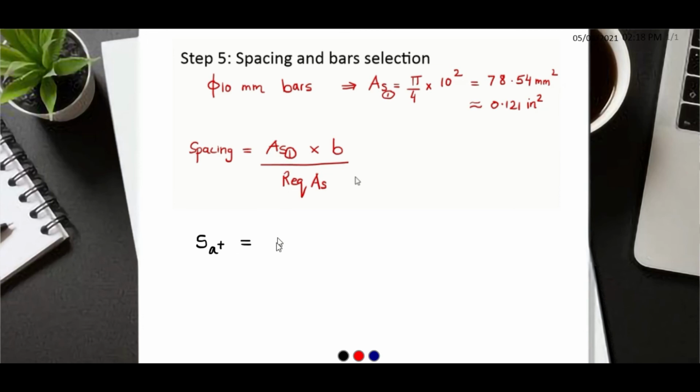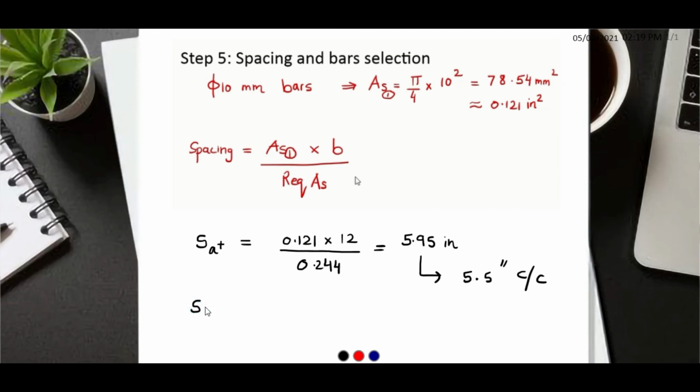That will be equal to area of steel of one bar, 0.121, times width, 12 inch, divided by area of steel corresponding to positive moment along the shorter edge, that is 0.244, which we have already obtained. This comes out to be 5.95 inch. So let us adopt spacing 5.5 inch center to center. Closer spacing is safer.